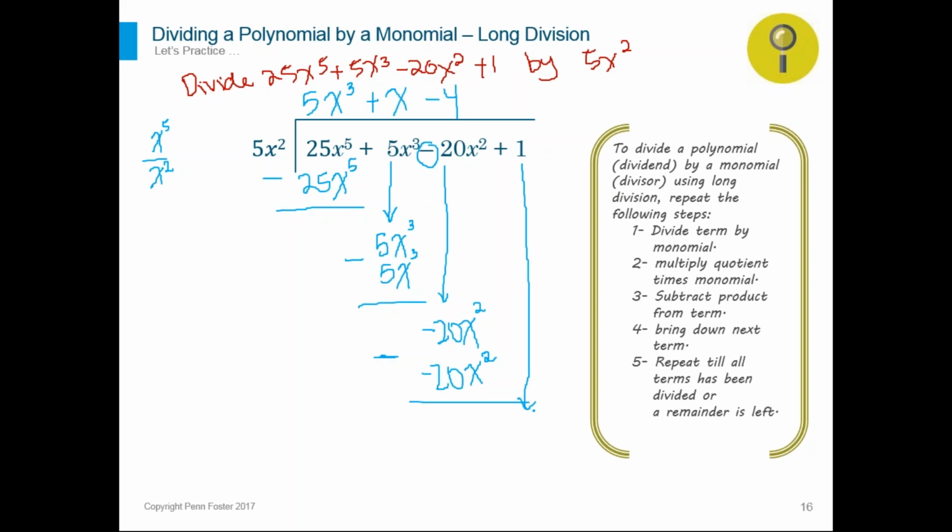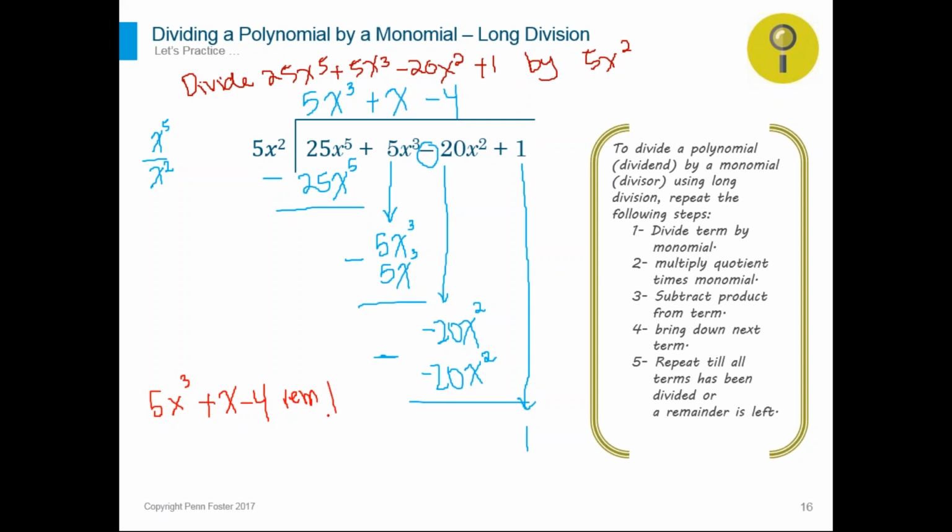Now bring the 1 down and try to divide 1 over 5. It will give you a fraction, but this is a sign that that's it for the division, and 1 will actually be the remainder of the division. So we can write the final answer as 5x cubed plus x minus 4, REM stands for remainder, 1.